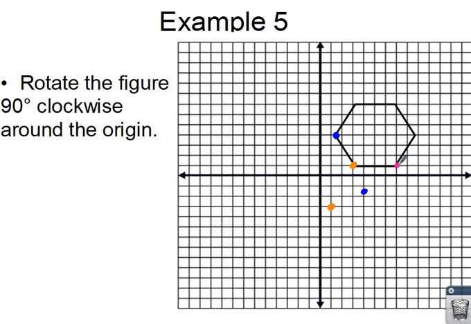This point is 7 over 1 up, so it goes 1 over 7 down. Over here, this is 8.5 up 4, so we go 4 and then down 8.5.